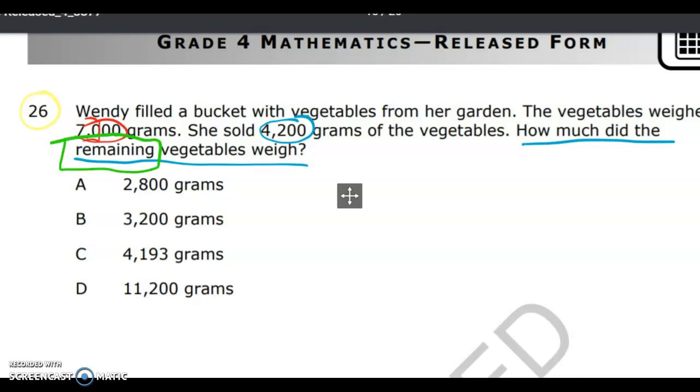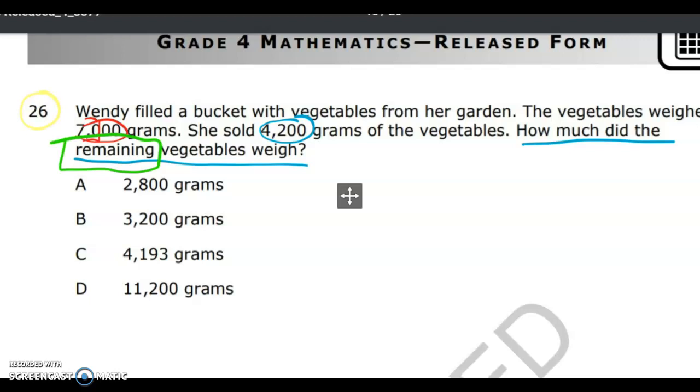And when you hear the word remaining, you're going to be looking for the difference. Okay, you're going to be looking for the difference. In this case, you need to find the difference between the 7,000 grams and the 4,200 grams.